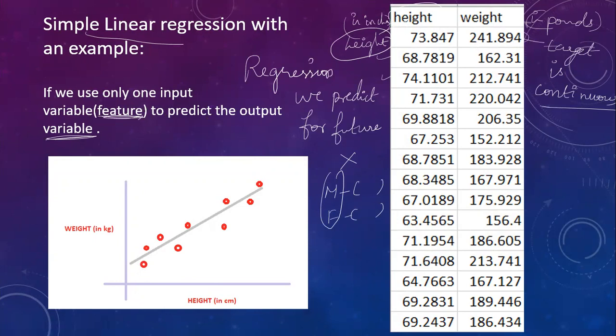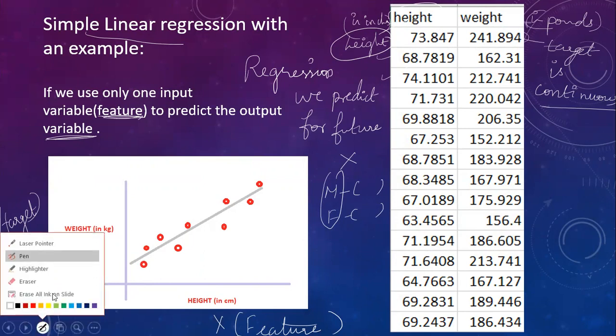If you see the diagram here, this is how we do regression analysis. On the x-axis, the feature will be given, and on the y-axis, the target which we are going to predict will be given. So weight we are going to predict using height, and these red points are called the data points.